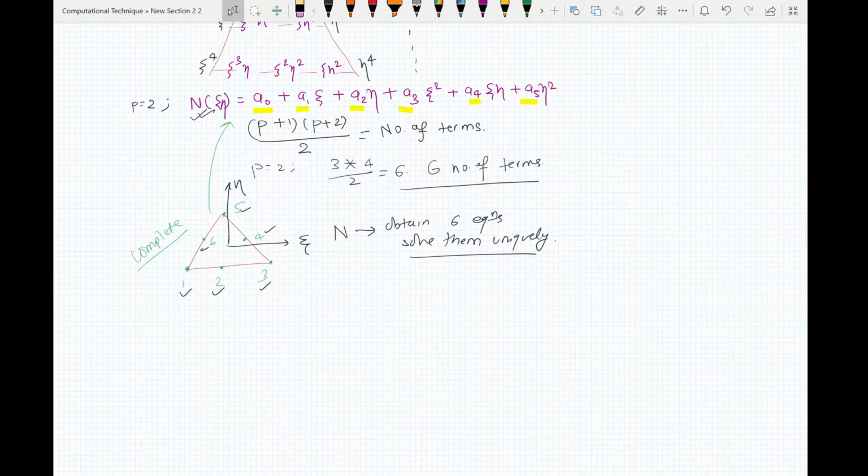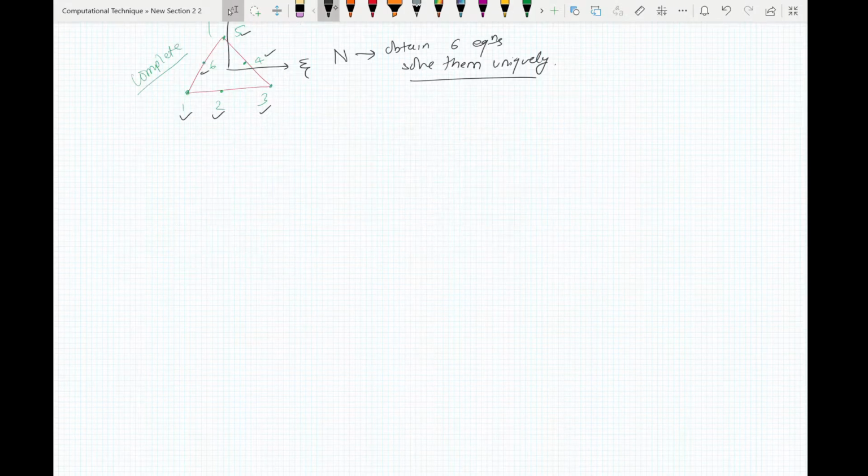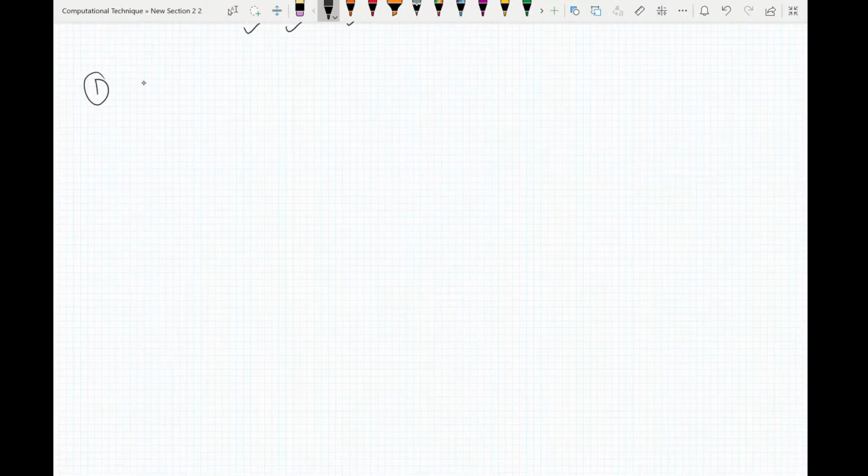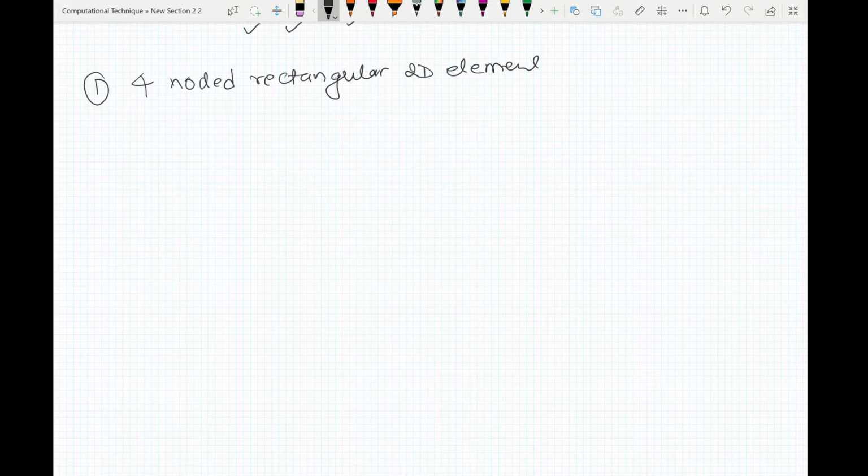Rather than going through that procedure, what we're going to do now is solve by just looking at them. For the first case, we'll solve for a 4-noded rectangular 2D element, like we did the last time, but here we'll be doing it slightly differently.